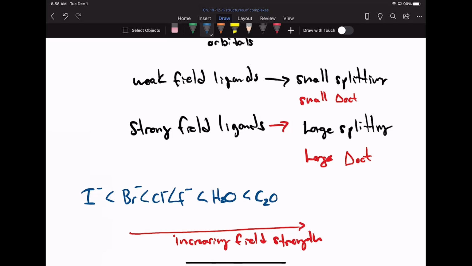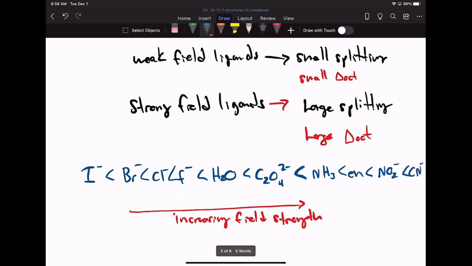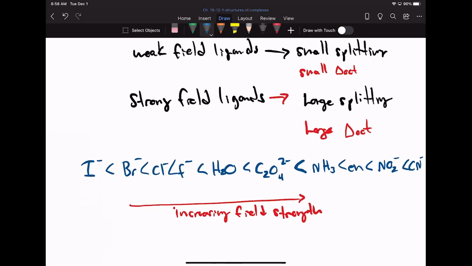We've got C2, another ligand here, ammonia, and then N minus, and I think we'll stop at cyanide. There are more, but that's a pretty comprehensive list.